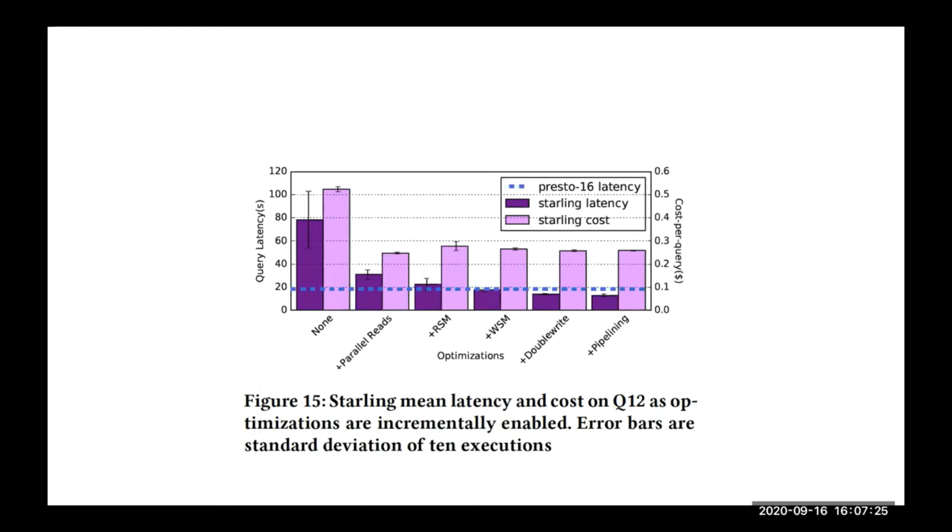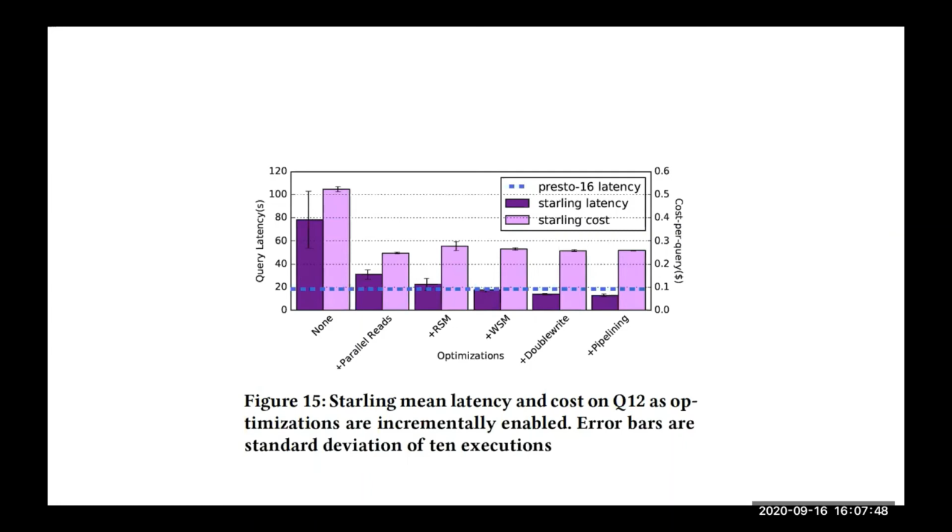And finally, to really get to latencies below Presto, they depend on the double write, where they take care of read after write inconsistency issues. So they do a double write to 2 keys. And finally, they pipeline.